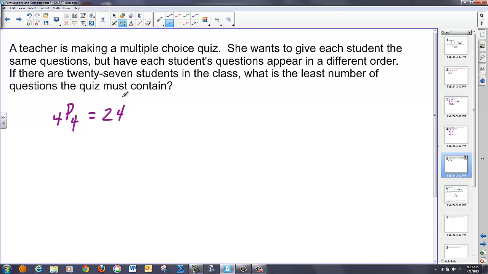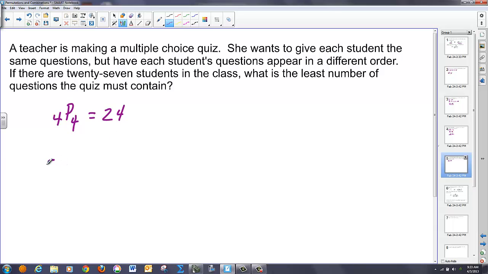Now, assume that you had 4 different questions on a test, and you can arrange them in different manners. You would get a total of 24 different arrangements with those 4 problems. So that's clearly not enough problems to get this problem done.